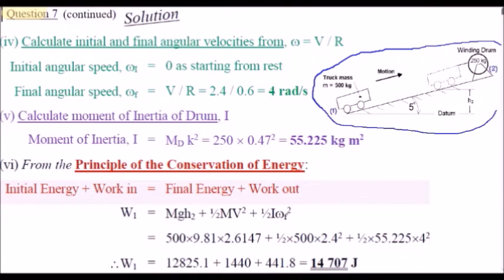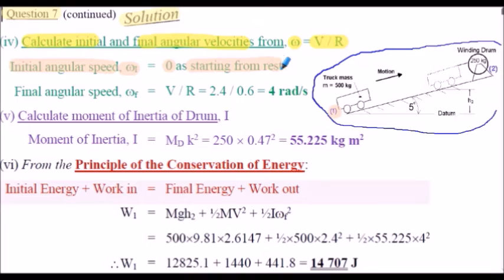Question 7, solution continued. So we can now calculate the initial and final angular velocities of the winding drum using omega is equal to v divided by r. So the initial angular speed, omega i, will be 0 because at the bottom of the incline we're told the truck starts from rest.